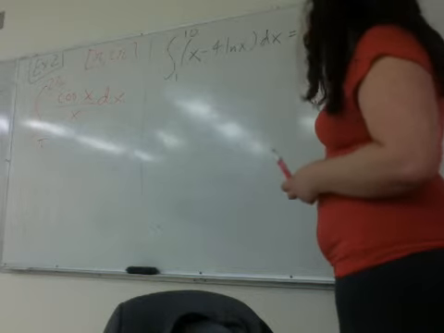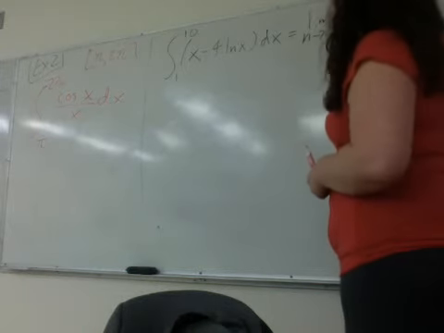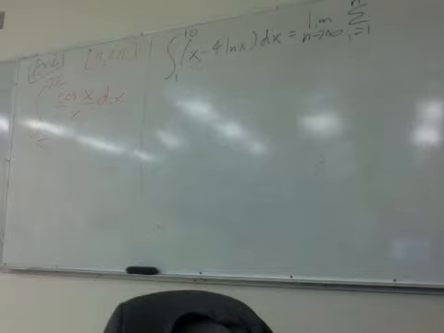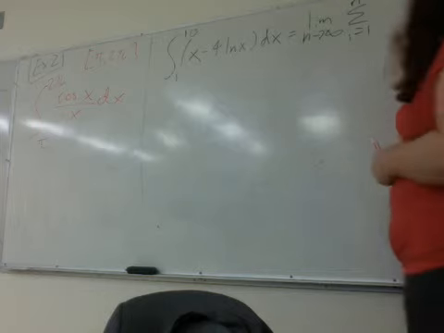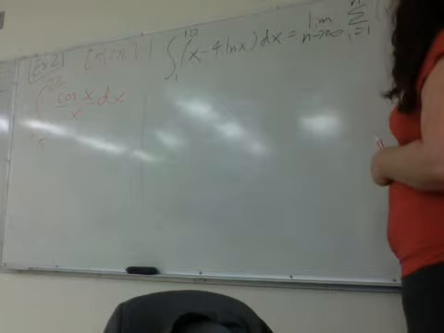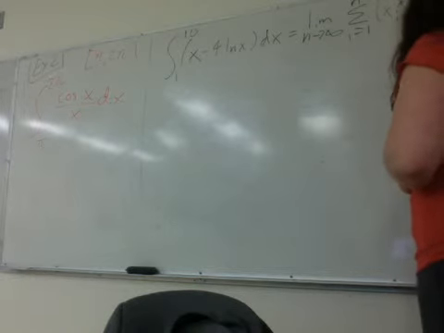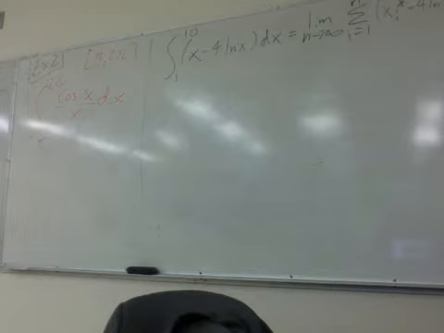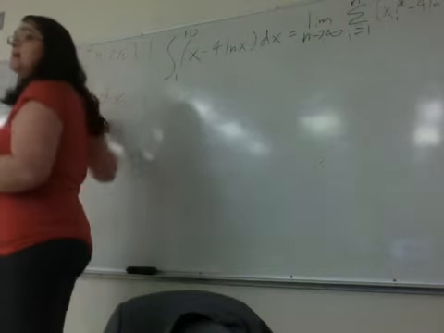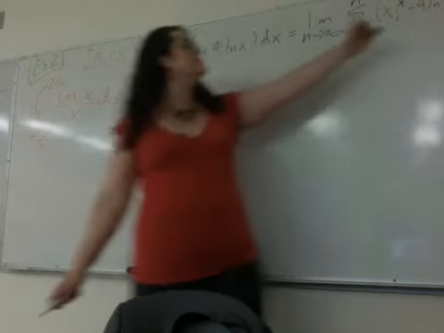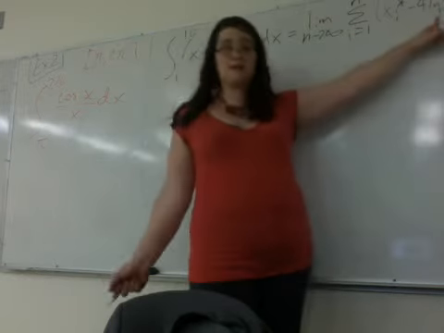The first thing to mention is the integral sign becomes the limit as n goes to infinity of the sum i equals 1 to n. x will become xi star, and dx will become delta x. I'm basically reversing the process I did before. When I did it the other way around, xi star became x, and delta x became dx. Here, x becomes xi star, and dx becomes delta x.